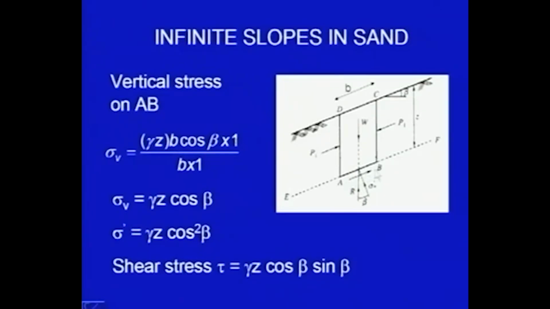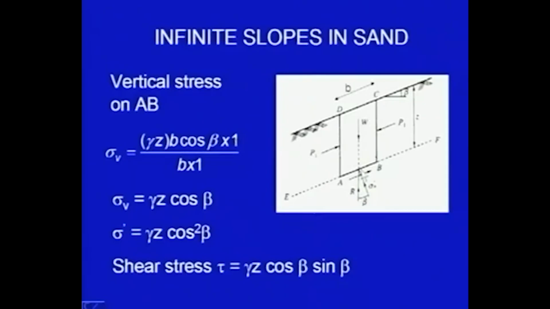So, the frictional force is acting in upward direction, and because of weight there will be a reaction acting in this direction, and normal stress will be acting in this direction. This will be acted upon by forces from the downstream side as well as from the upstream side, this P1 and P2, these two forces, but their values will be the same and their line of action will also be the same. So, as far as this analysis is concerned, we are not considering them.